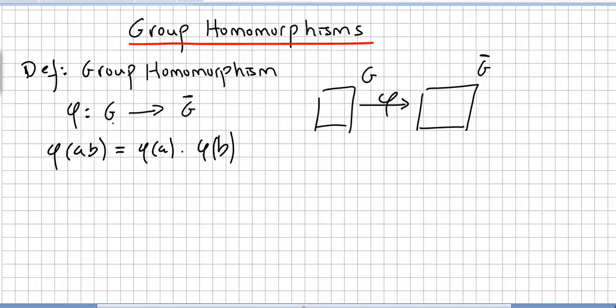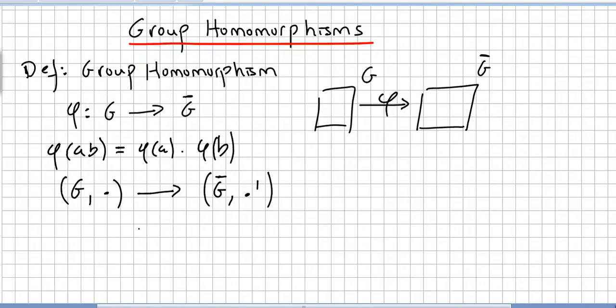Let me be more explicit about the operations here. Imagine you have one group here and an operation, and you have a group G bar and an operation prime.